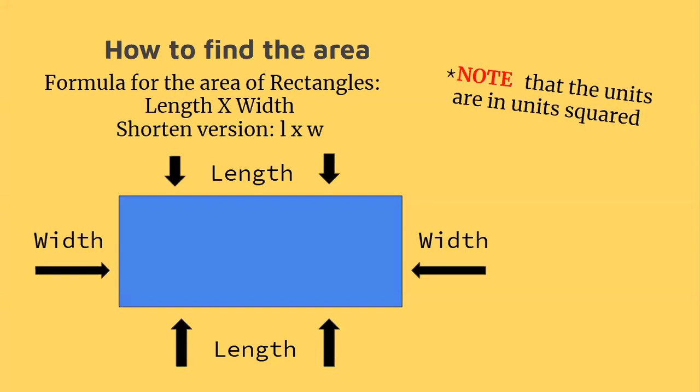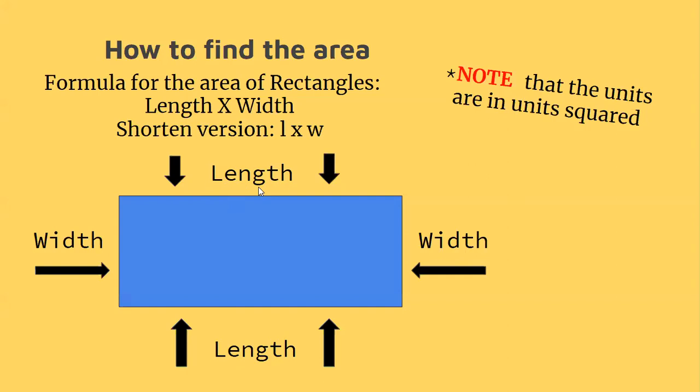How to find the area of squares and rectangles. The formula for the area of rectangles, and you could use this formula for squares too, is length times width.